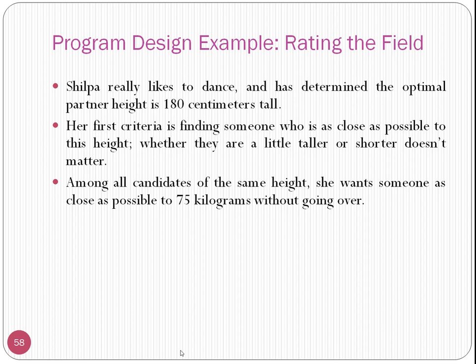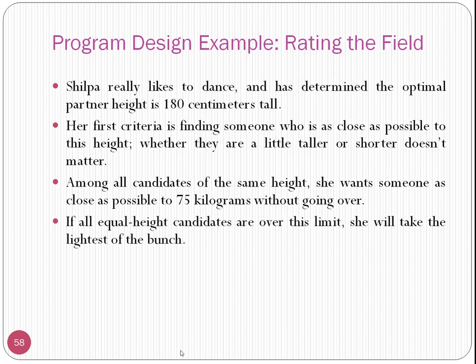Suppose two candidates both have a height of 180 centimeters. In such a tie, what she wants to see is that one should have a 75 kilogram weight and it should not exceed that.